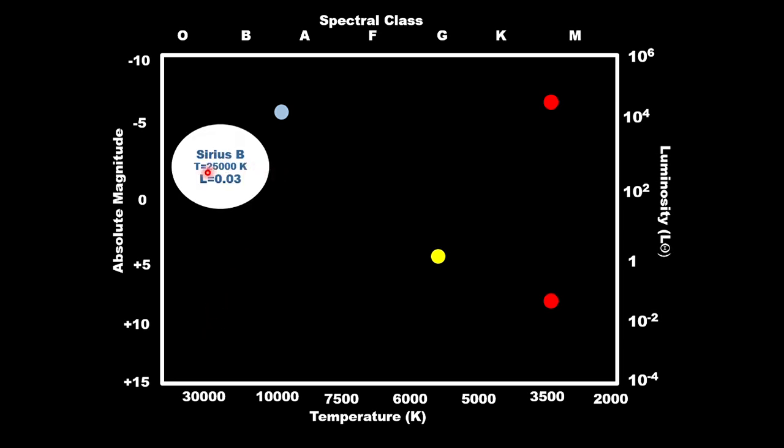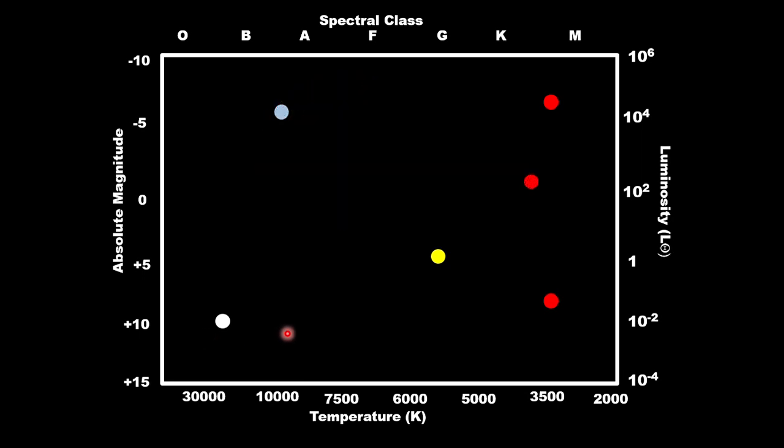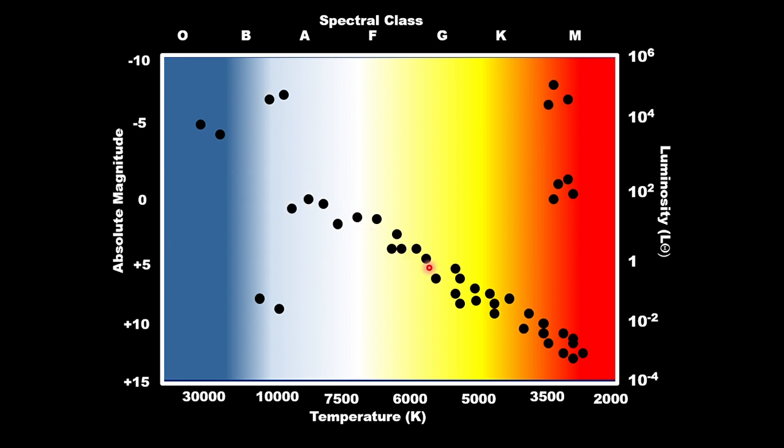Like Sirius B is very, very hot, and yet it's very, very dim. So it goes down here on the HR diagram. And as we keep adding stars, what we discover is that we do have this direct relationship that we were expecting as the main sequence, but we also discover that there are stars that don't fit that sort of direct relationship.